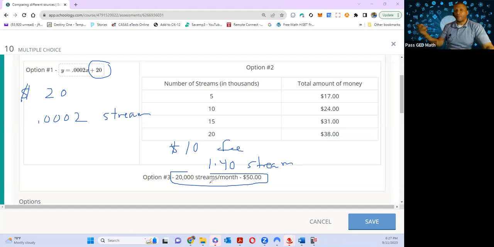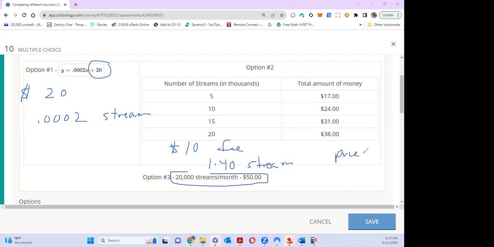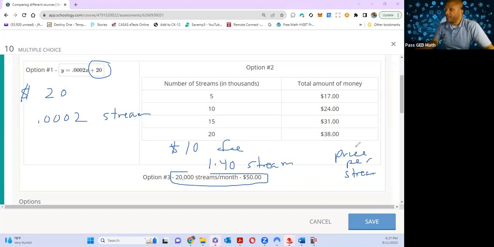So again, we want price per stream. Price per stream. That means my price is going to be my numerator, 50, divided by price per. Per means division. Streams, 20,000. Cross out a zero.